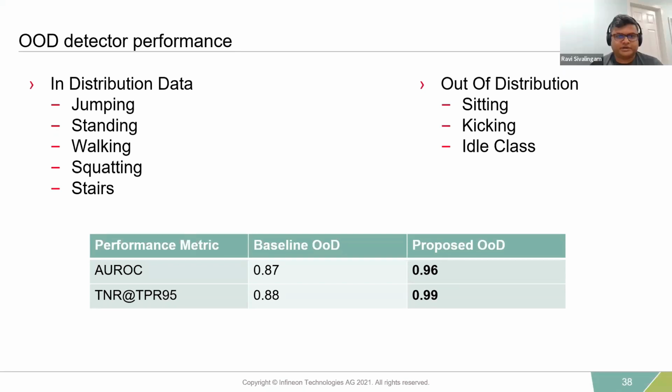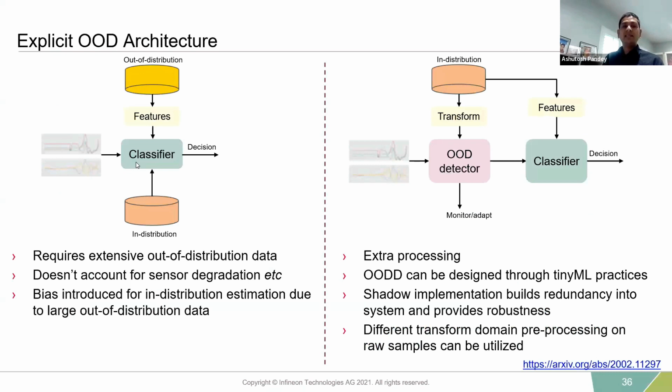Got it. On slide 36, what do you mean by shadow implementation? Okay, so here, in context of explicit OOD versus implicit OOD, you have one classifier that's trying to do both things. Now if you think about it, you are saying that I want to model this out of distribution with a hypothesis, and my in class is another hypothesis, and I'm looking at some sort of distance.